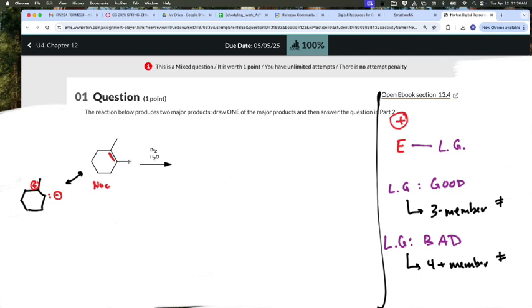So now our electrophile has to come from the Br2 or the H2O. If we were to look at those two structures, if I drew out Br2, I would get something that looks like this. And if I drew out H2O, I would get something that looks like this. What do you see in both of those structures?